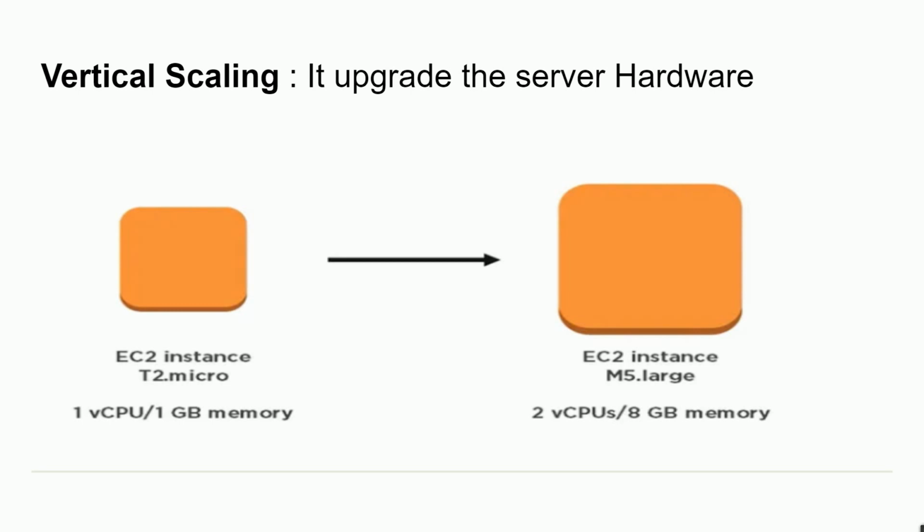For example, if the current machine has 2 GB RAM and 1 CPU, then we can increase it to 4 CPU and 2 GB RAM. We increase the capacity on the same machine rather than launching a new one. So this is called vertical scaling.